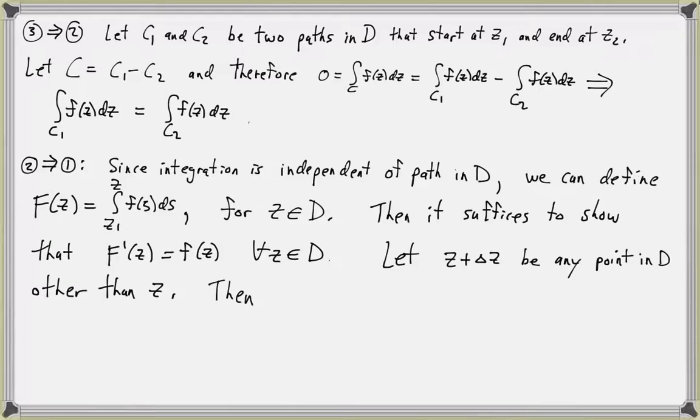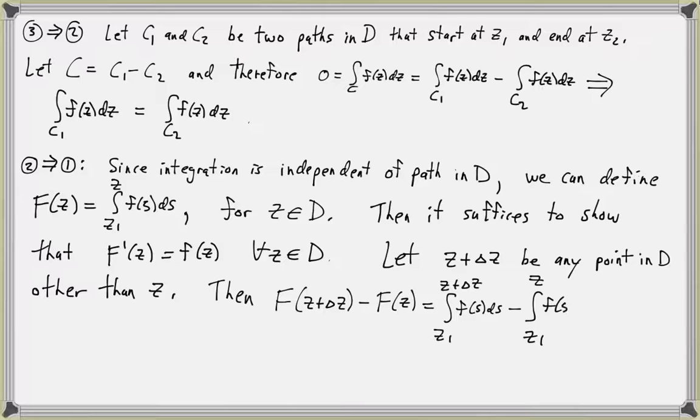Then the difference, capital F of z plus delta z minus capital F of z, using the integral definition, would be equal to the integral from z1 to z plus delta z of f of s ds minus the integral from z1 to z of f of s ds.